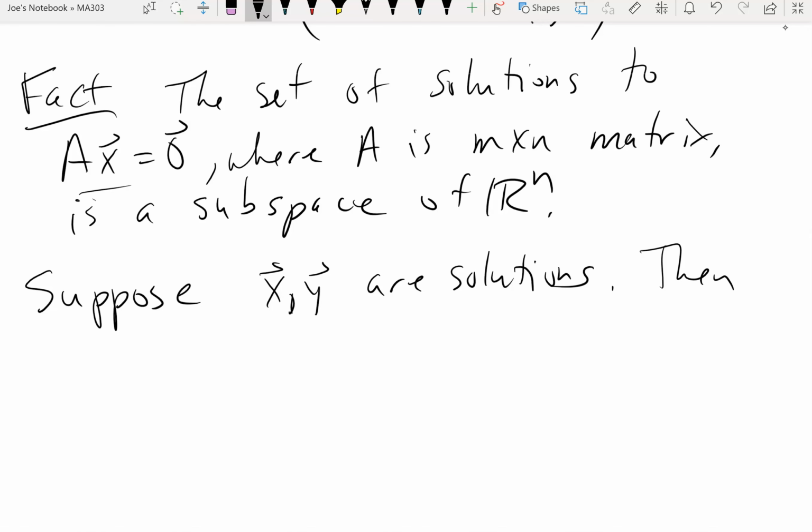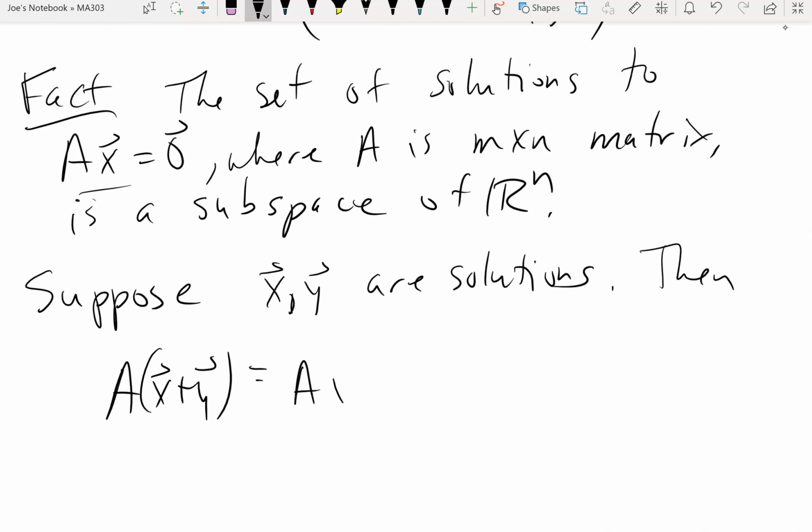I need to show that if x and y are solutions, then x plus y is also a solution, correct? So that means when I plug it into the equation, it has to work. So if I take A times x plus y, what can I do with the multiplication?